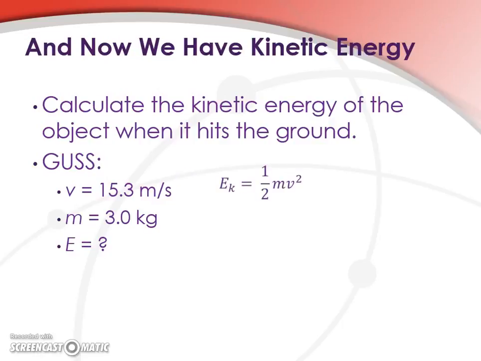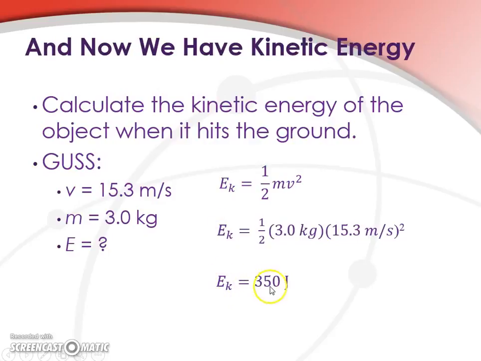But we can calculate our kinetic energy too. So we have an expression for this. We'll add that sig fig back on that decimal place as we do this calculation. We can get our kinetic energy, and lo and behold, 350 joules.